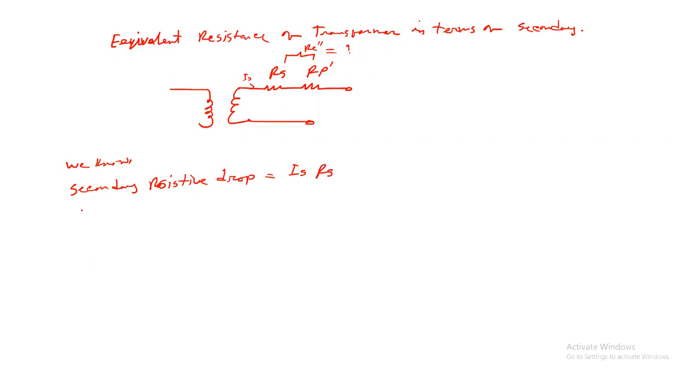Clear? And the primary resistive drop is IP RP. Previously and this is the same.